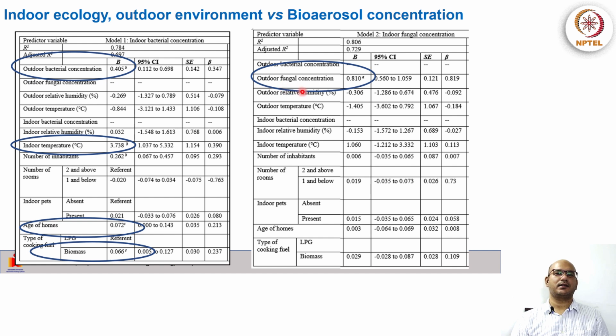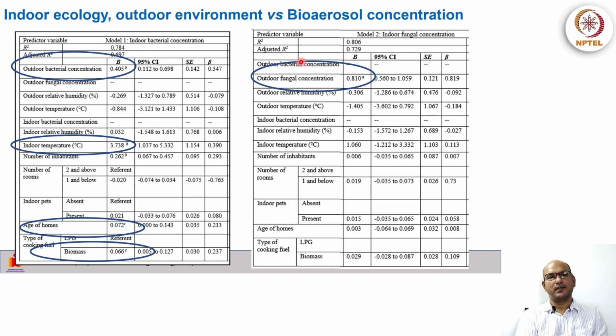This suggested that in terms of fungi, the impact of outdoor air fungal concentration was much higher in influencing the indoor fungal concentration, whereas the indoor parameters were not impacting it that much. So already we can see that some of the indoor ecology and indoor meteorology parameters are influencing, and this influence is different between bacteria and fungi.